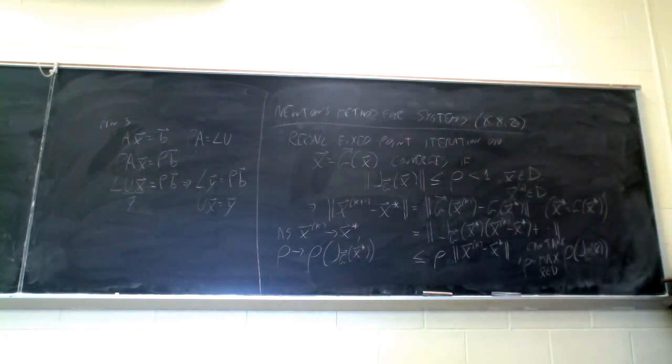The smaller that spectral radius is, the faster convergence will be. We need it to be less than 1, but smaller is better. What if it's equal to 0.01, for instance? The error is decreasing by a factor of 100 from one iteration to the next, and your iteration will be over very quickly.